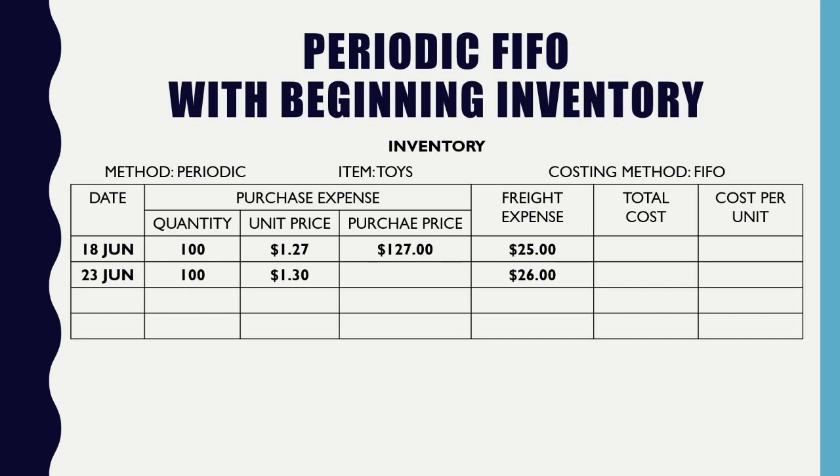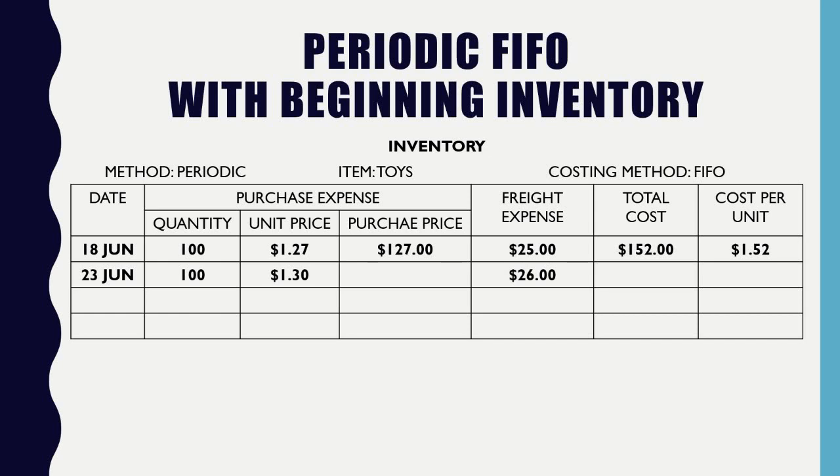So in this case, the first one we have is 127. 100 times $1.27 gives you 127, which we calculate plus freight to be a total of $152. And this is where we need to calculate that it's going to cost me $1.52 for this batch on the 18th.